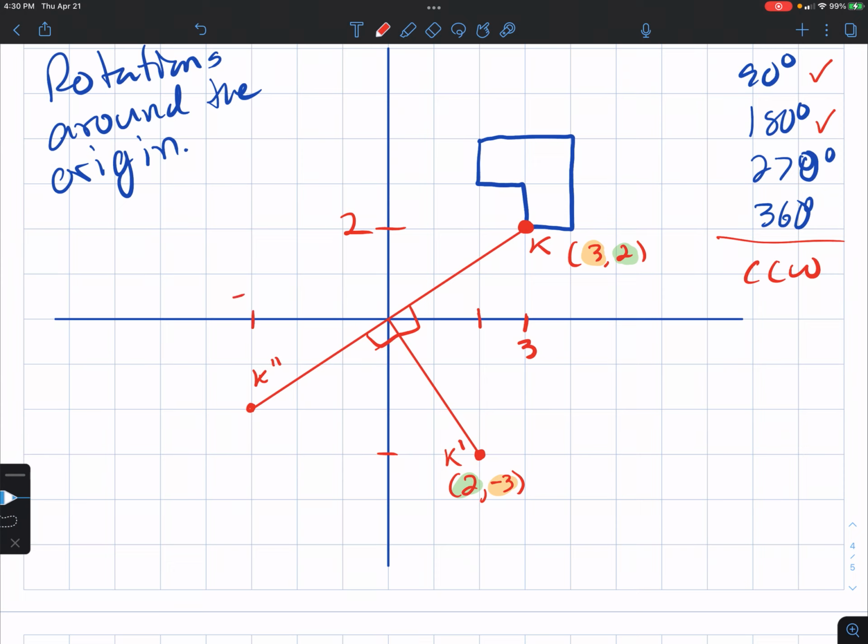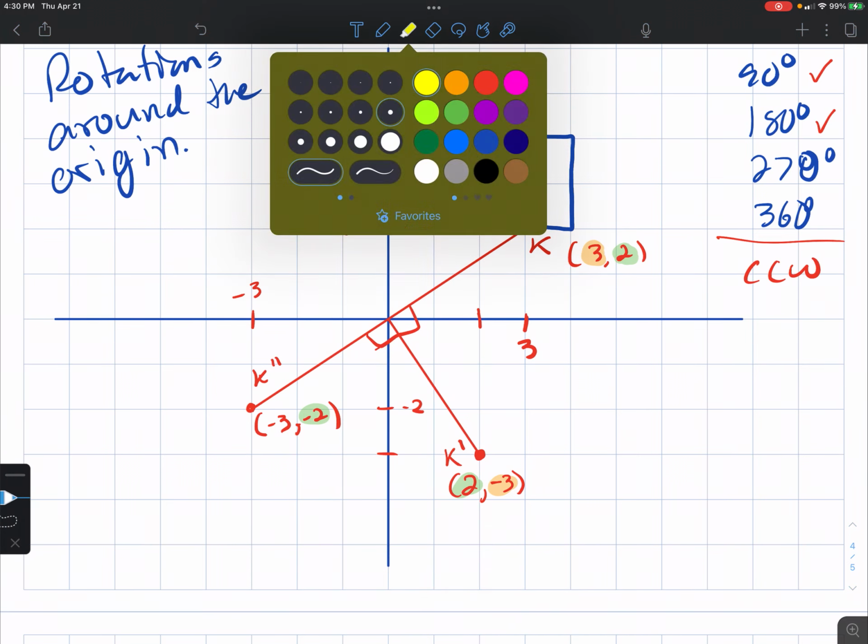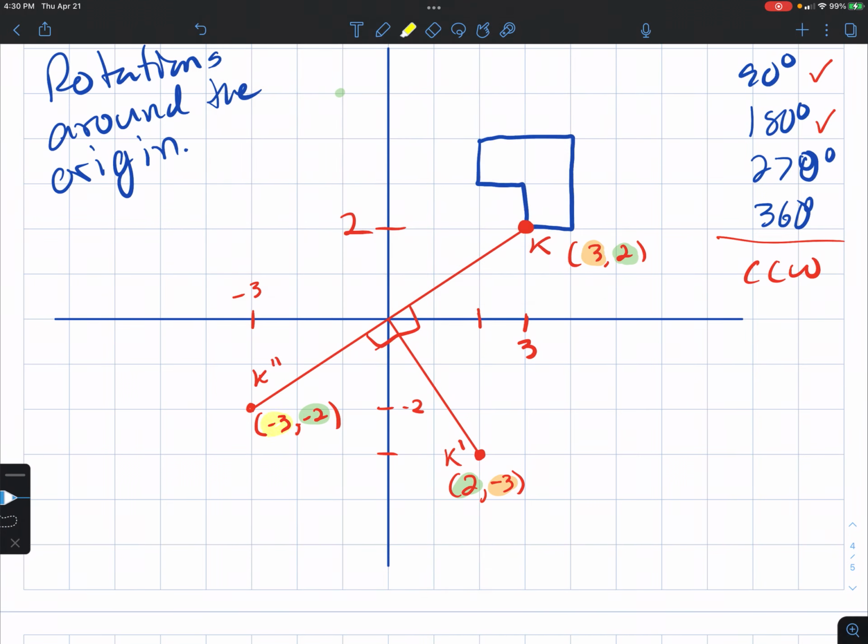Now it's at -3, -2 for K double prime here, my second rotation. So notice this 180, the numbers are in the same location, but both of the signs are different.